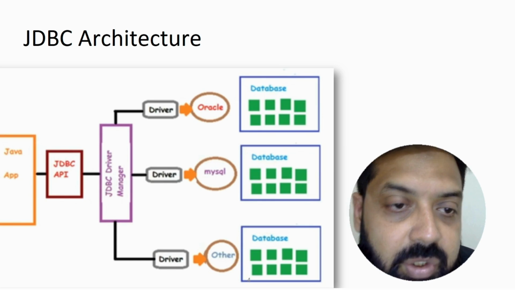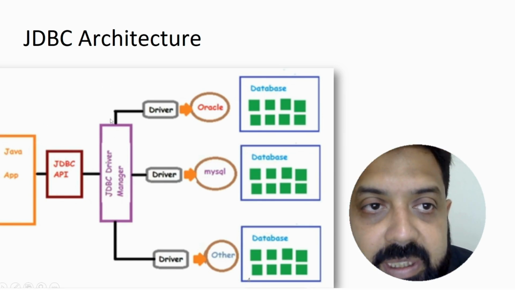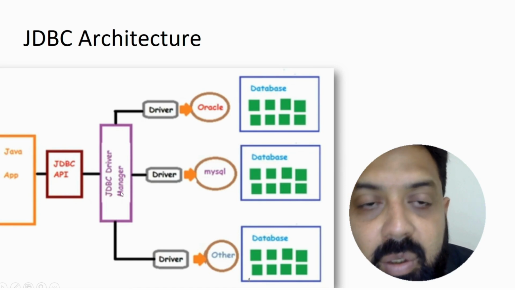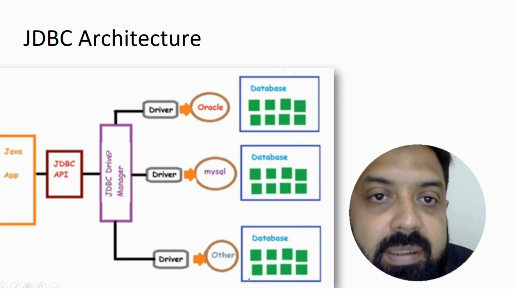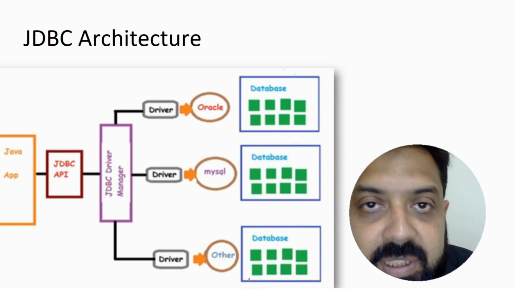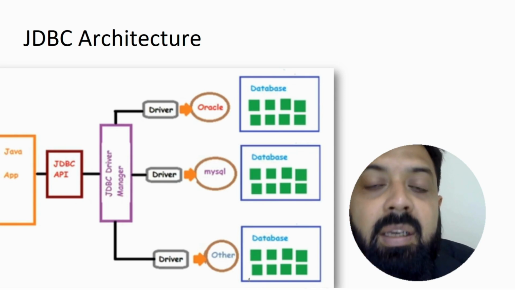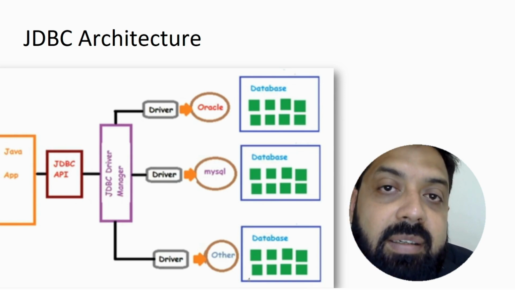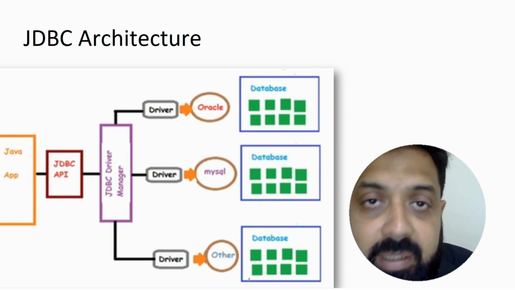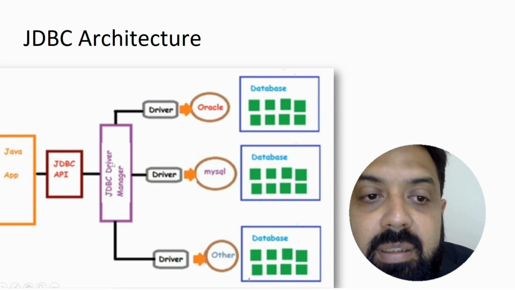Basically, a Java application contains your JDBC driver. Once you install the JDBC, it contains the Java database connectivity drivers. It is a feature of JDBC that it is platform independent, and the JDBC libraries, basically drivers, are written in the Java programming language. And as you know, Java is platform independent, so you can provide connectivity with any database.